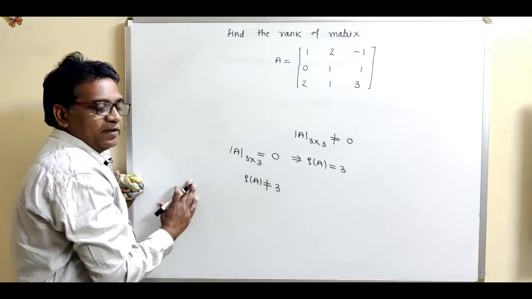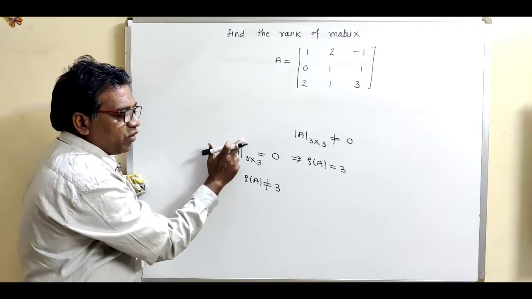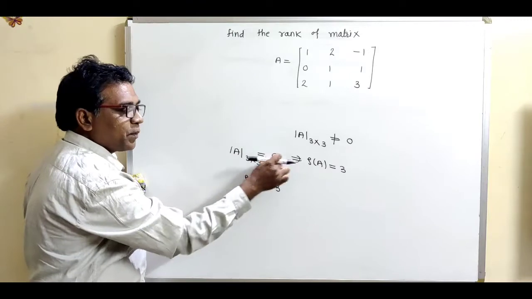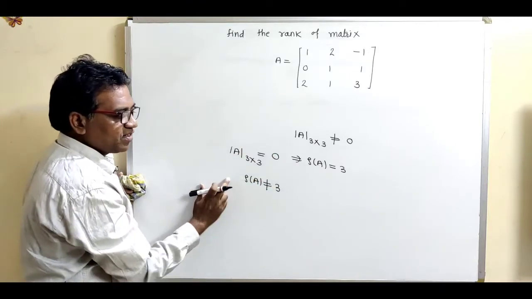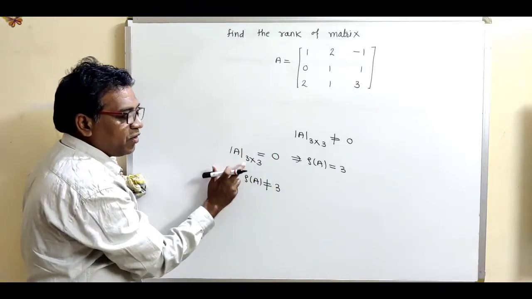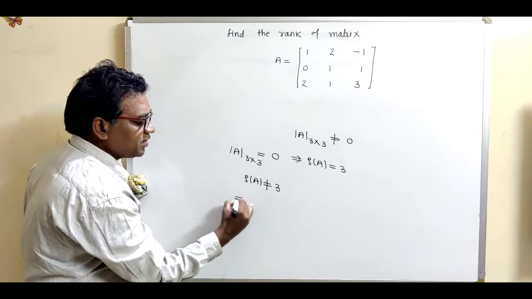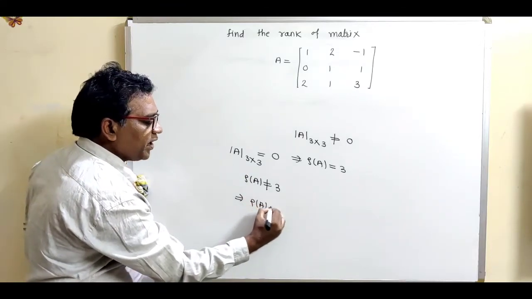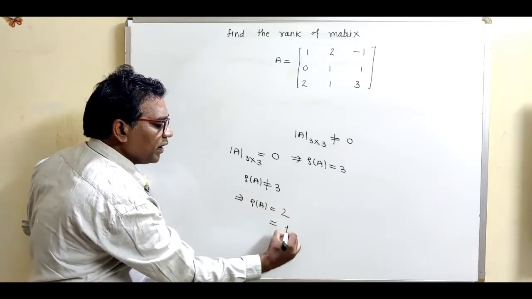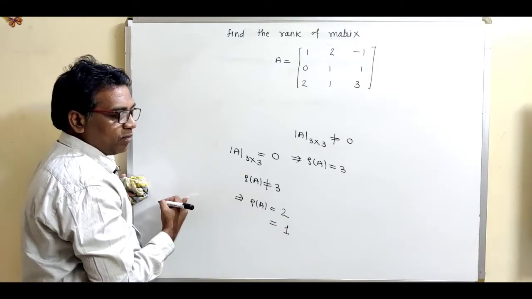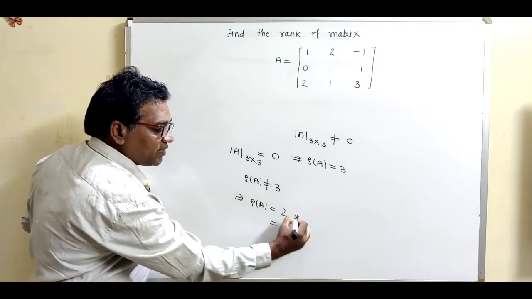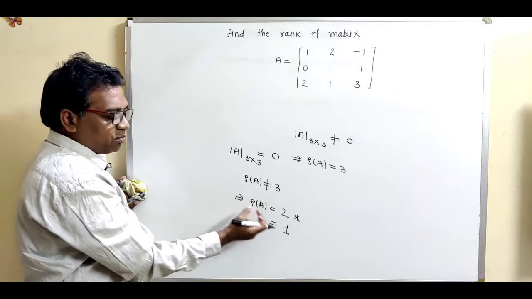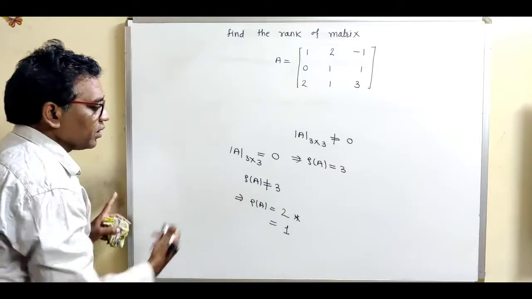Now on the other hand, suppose the determinant of order 3 by 3 vanishes, then we can say that rank of A is not equal to 3. This means that rank of A may be 2 or it may be 1. How to get the rank of the matrix equal to 2?